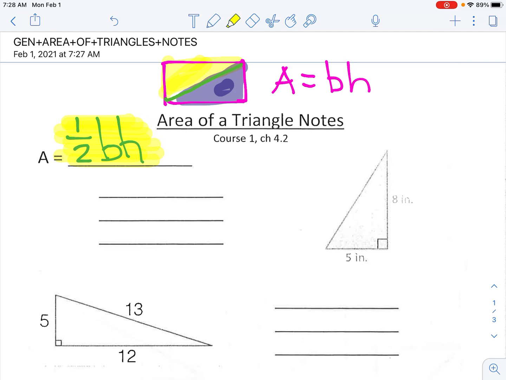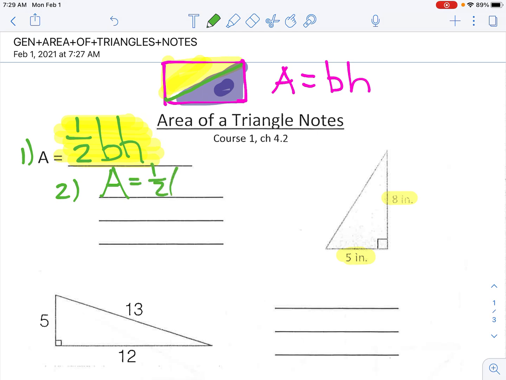So I'm taking a look over here at this triangle. I see it has a base of 5 inches and a height of 8 inches. Notice this time we're going to have 4 lines for a triangle. We had 3 lines for a parallelogram. The first line is your formula. The second line is your substitution.